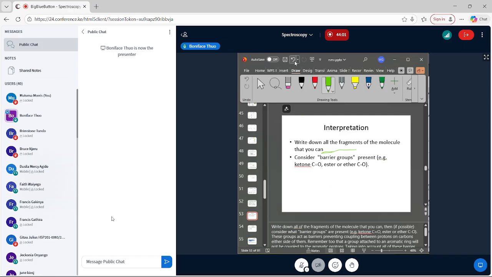We also need to remember that you can have what are known as barrier groups. These are groups which do not have a hydrogen attached to them, and therefore there is no coupling.